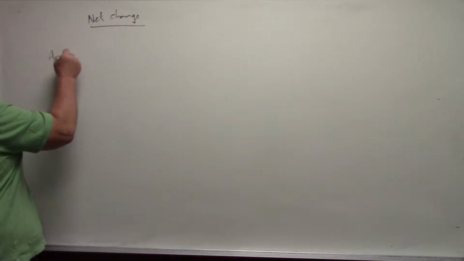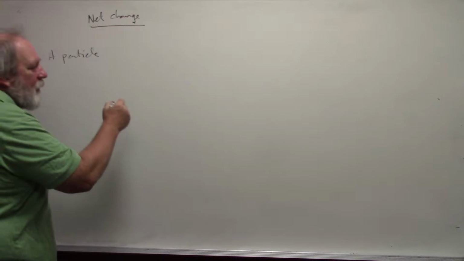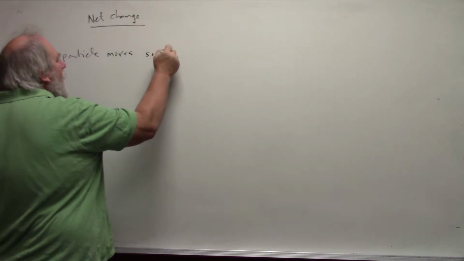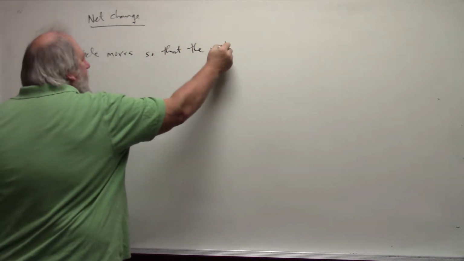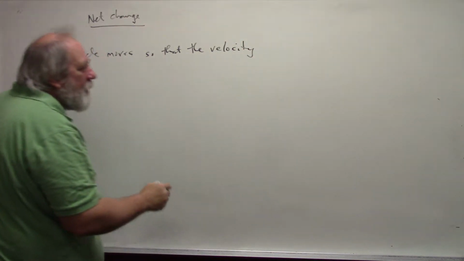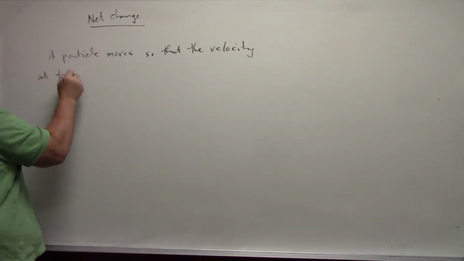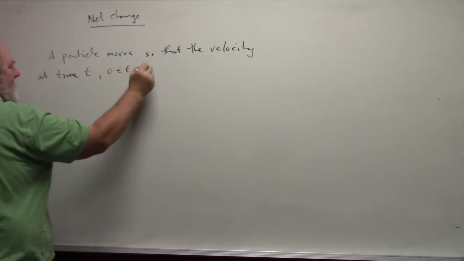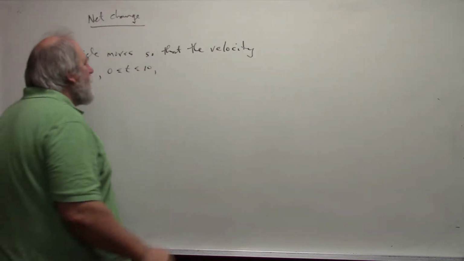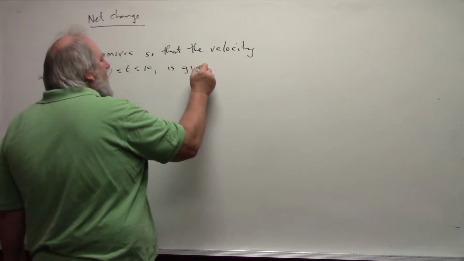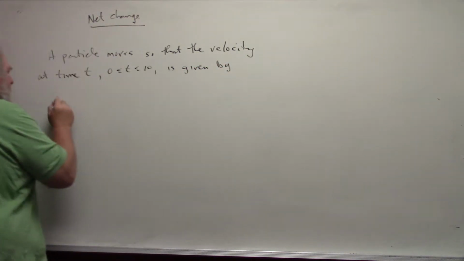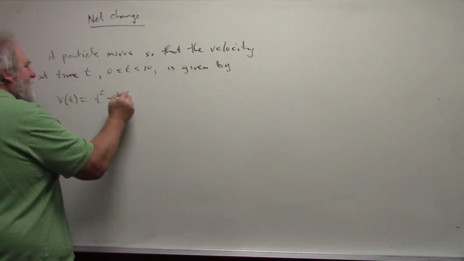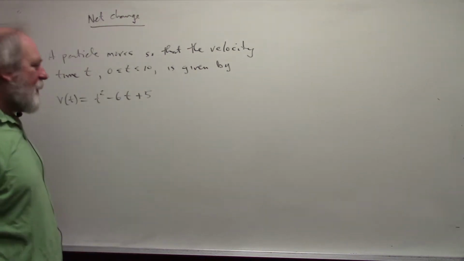A particle moves so that the velocity at time t, where 0 is less than or equal to t is less than or equal to 10, is given by v of t is equal to t squared minus 6t plus 5 feet per second.